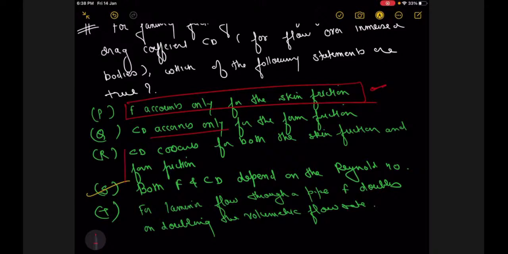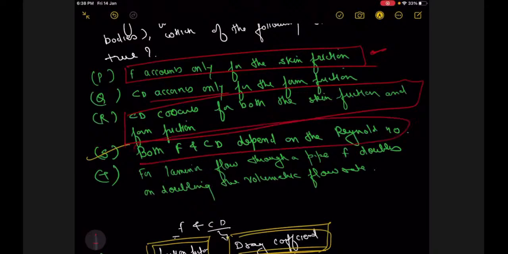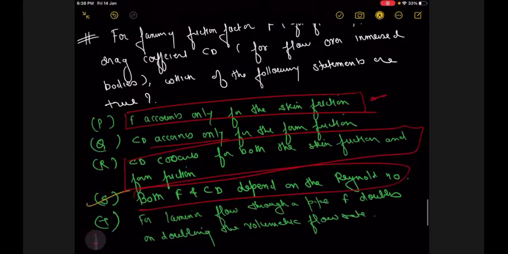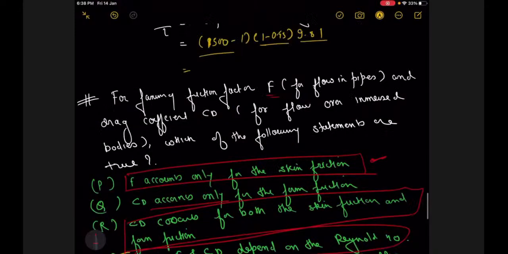And CD accounts for the skin and the form friction. And both F and CD depend upon the Reynolds number. So the correct option is PRS.